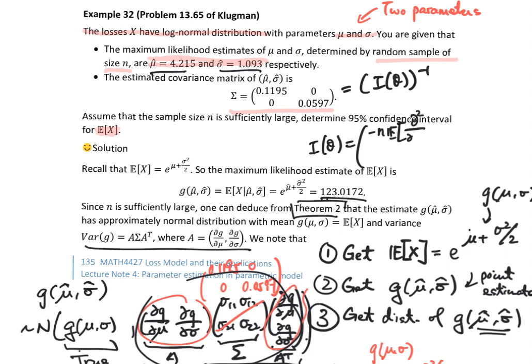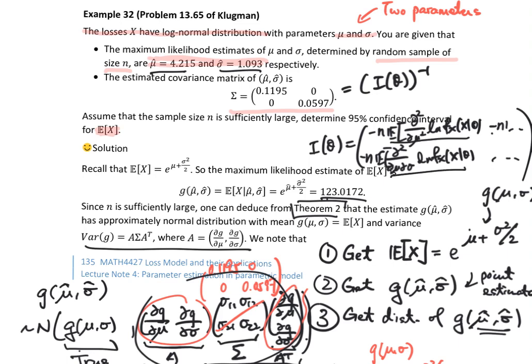In these cases, you need to calculate this stuff. Then you can calculate this expected value, something that we did in the earlier example, and then you get your I theta, take the inverse, and get your covariance matrix.